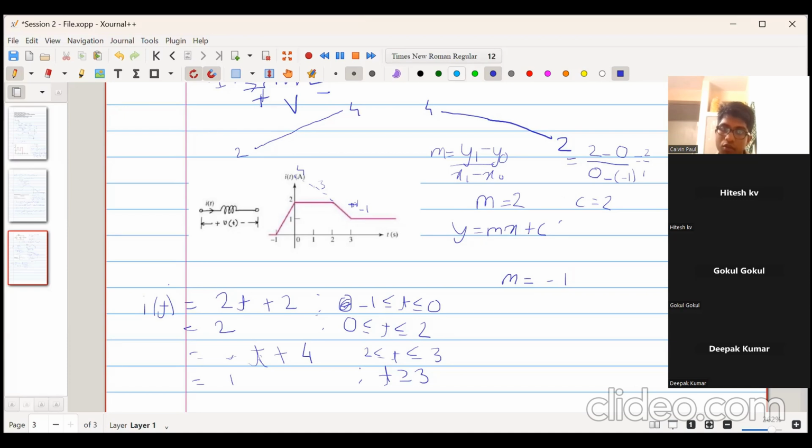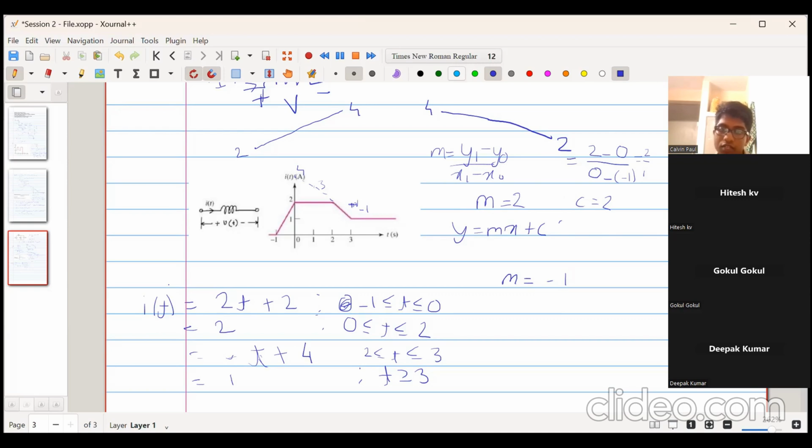So if you go from 2 to 1, its value will increase by 1, so it will become 3. And then from 1 to 0, its value will further increase by 1. So its value will become 4. Okay, 4 is the y-intercept. That's why, using the equation y equal to mx plus c, it comes minus t plus 4. Okay, sir. Thank you.